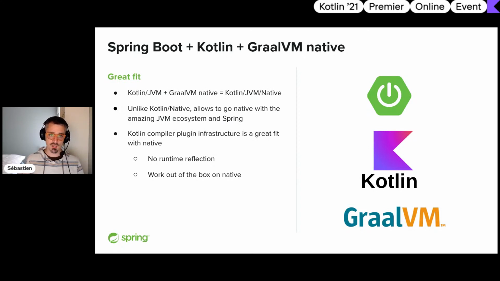And like I said previously, GraalVM native supports reflection, but with additional configuration and that also increases the footprint. So it's interesting to see that here, the Kotlin serialization support that is provided in Spring Boot works out of the box on this native platform. I had not a single line of additional support to add. It just worked out of the box with a very interesting and low memory footprint. So that's great. Feel free to use all your Kotlin compiler plugin-based infrastructure like Kotlin serialization with Spring Native, that works super well.